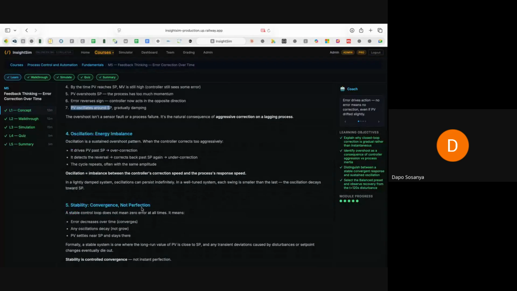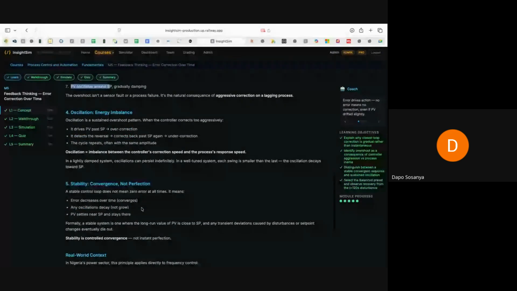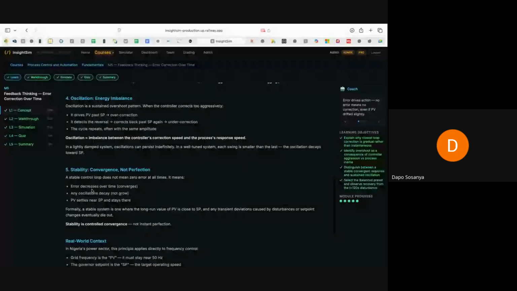Now stability. Over time, the error decreases and the oscillations decay. PV will settle near SP and stay there, and your SP minus PV will be as minimal as possible.